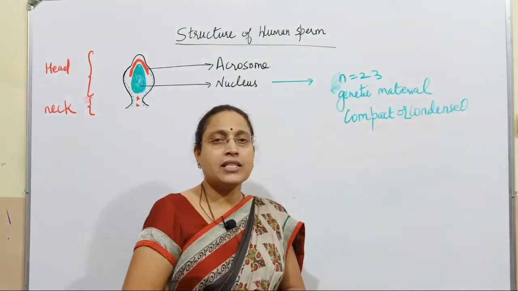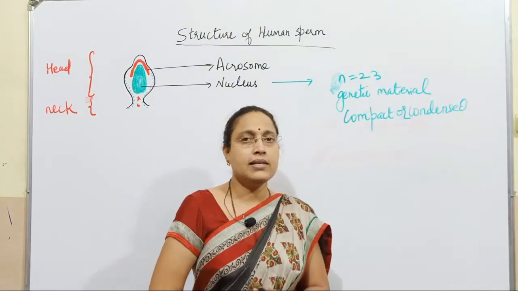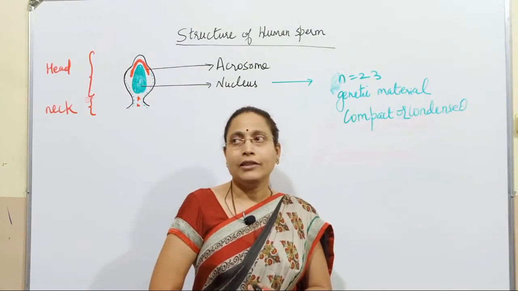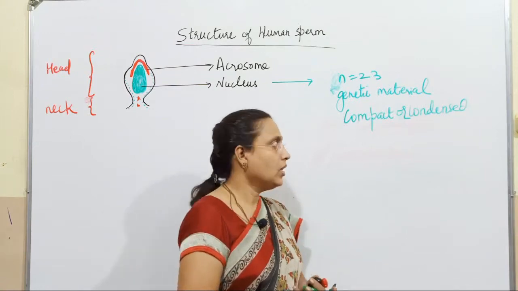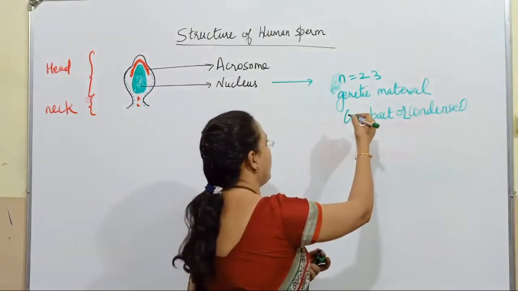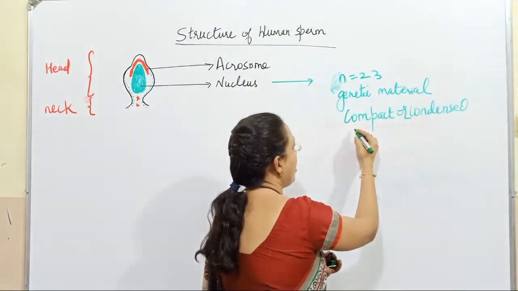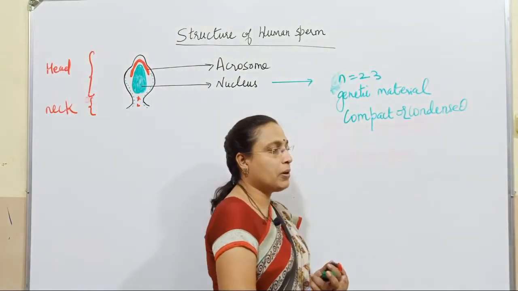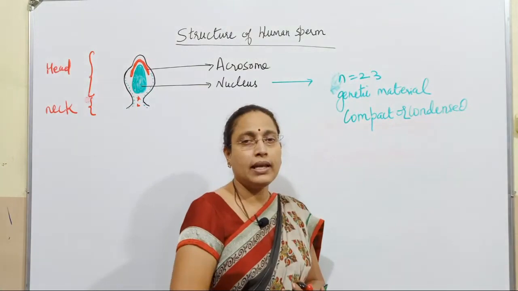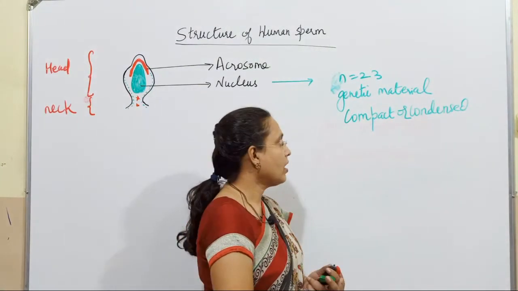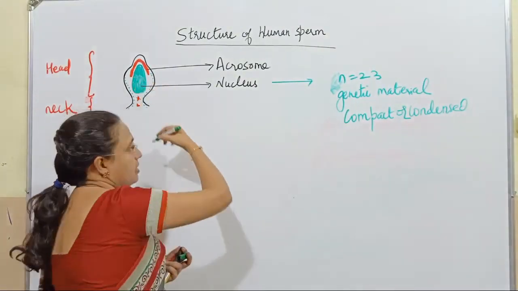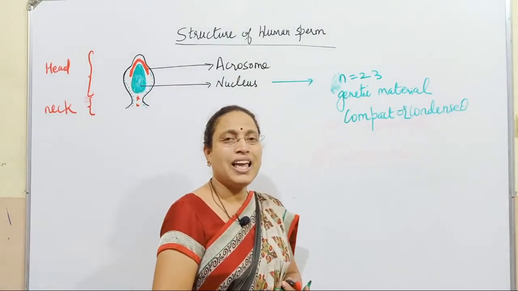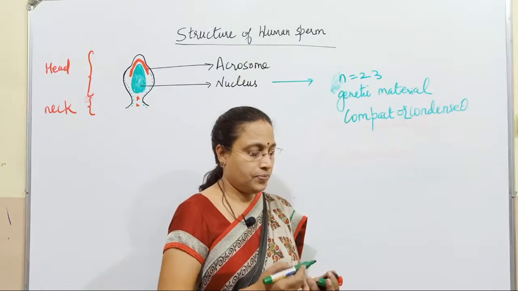There are also some proteins present inside the nucleus called protamine that have a protective role. The nucleus of the sperm is oval in shape, whereas the surrounding cytoplasm is very less.